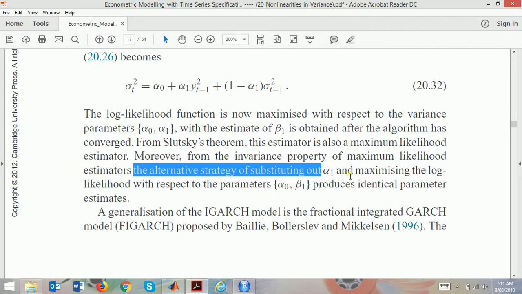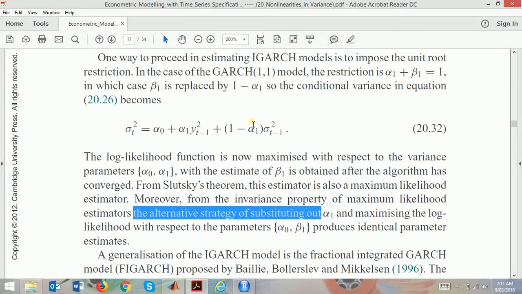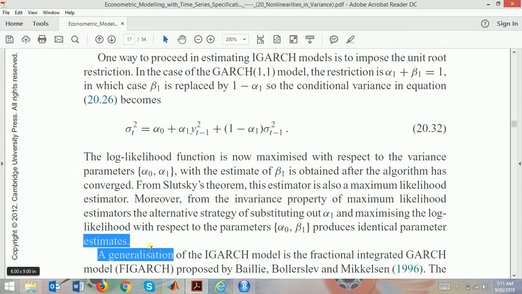So if I take out alpha 1 and do the substitution, so instead of 1 minus alpha 1, I do 1 minus beta 1, I get similar and identical parameter estimates.